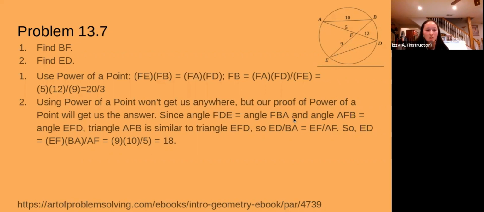So ED would be equal to EF times BA divided by AF, and that would be 9 times 10 divided by 5, and you would have gotten 18. I'll leave this up here for a few more seconds, then we can go on to the next problem.